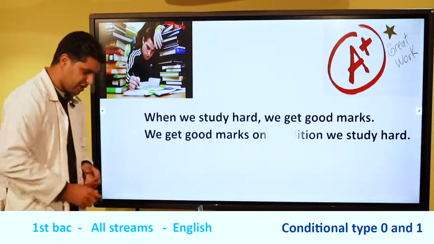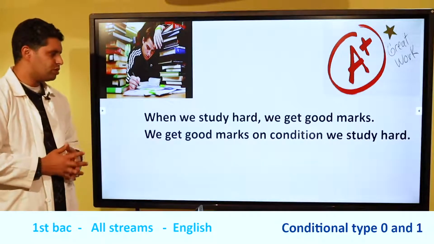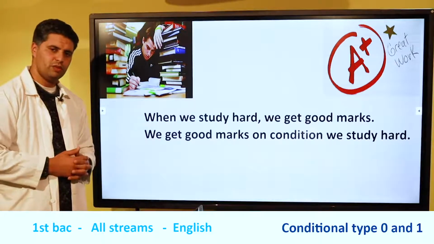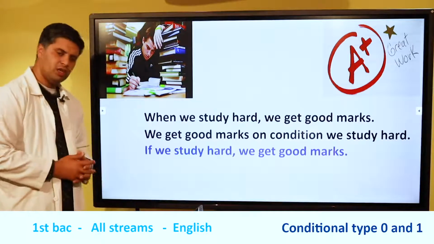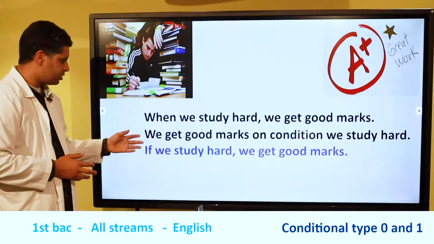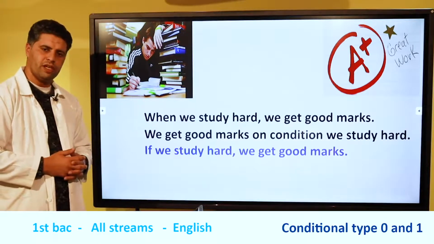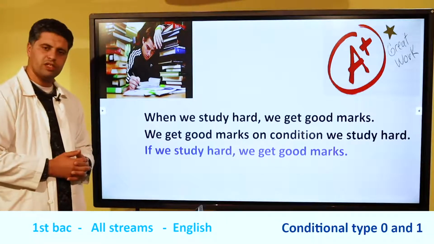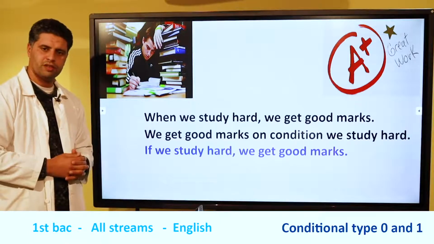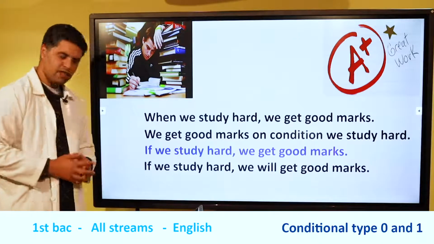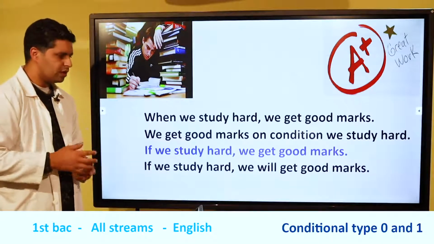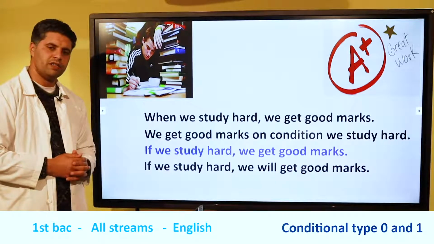It is the same sentence we have just said. Or we can start with the conjunction if, and say, if we study hard, we get good marks. Or we can say, if we study hard, we will get good marks.